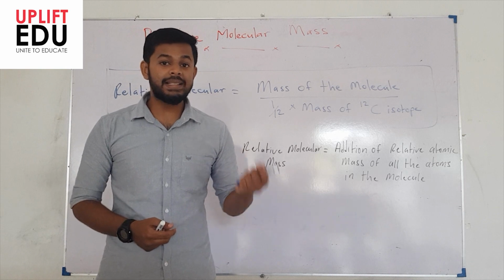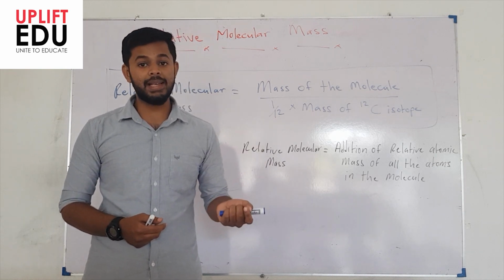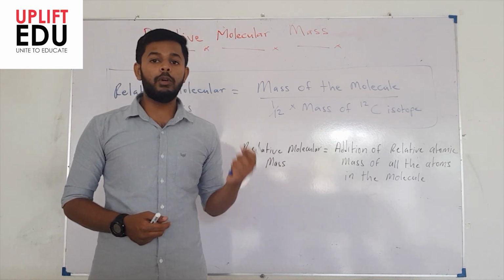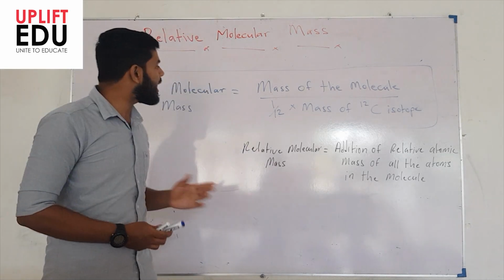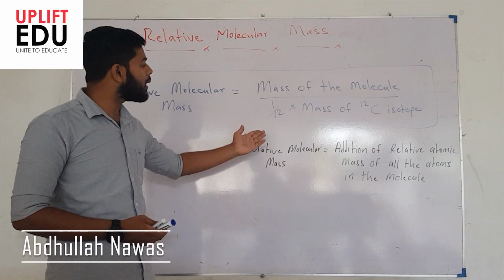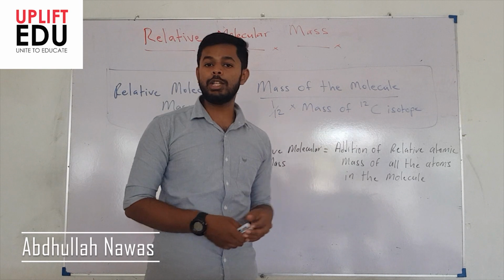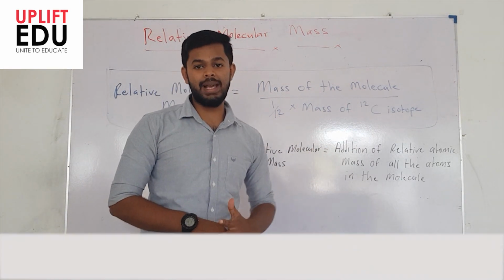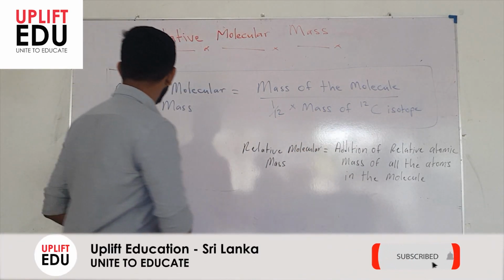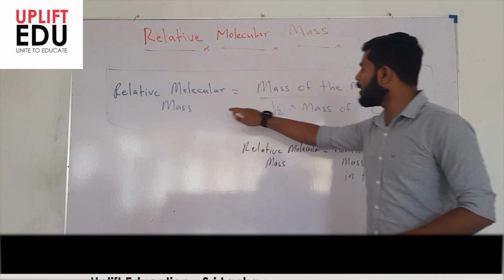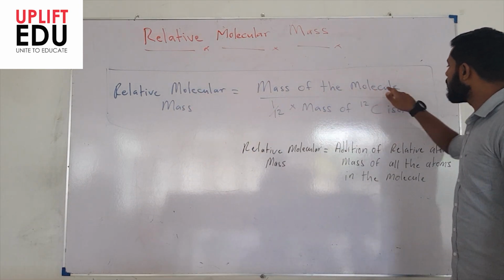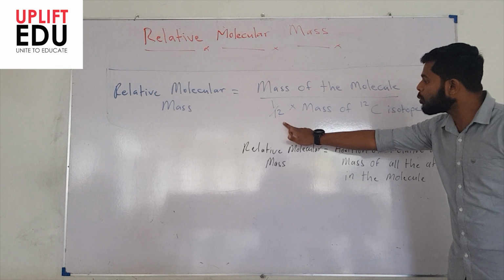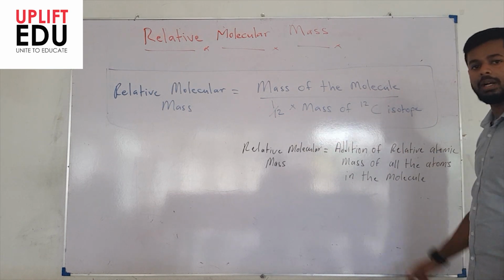So as a definition, relative molecular mass is expressing the mass of a molecule relative to 1/12 of the mass of a 12 carbon isotope. In equation form, relative molecular mass is equal to the mass of the molecule divided by 1/12 of the mass of a 12 carbon isotope.